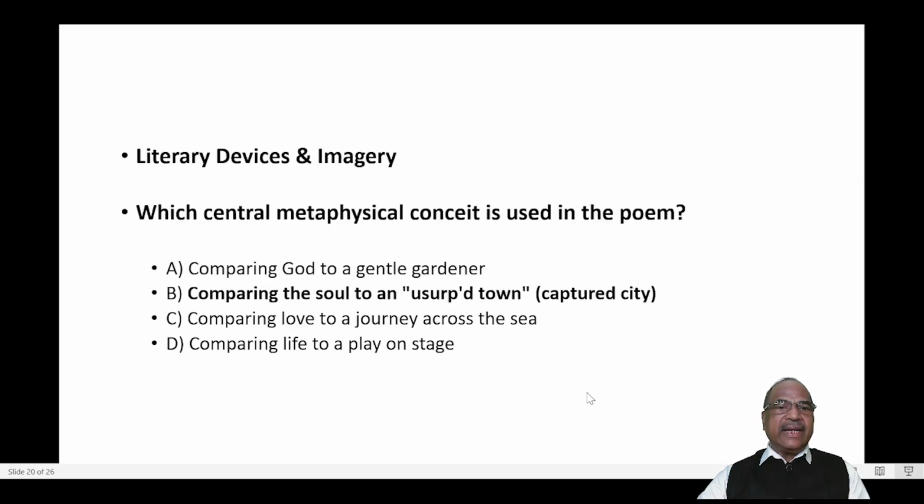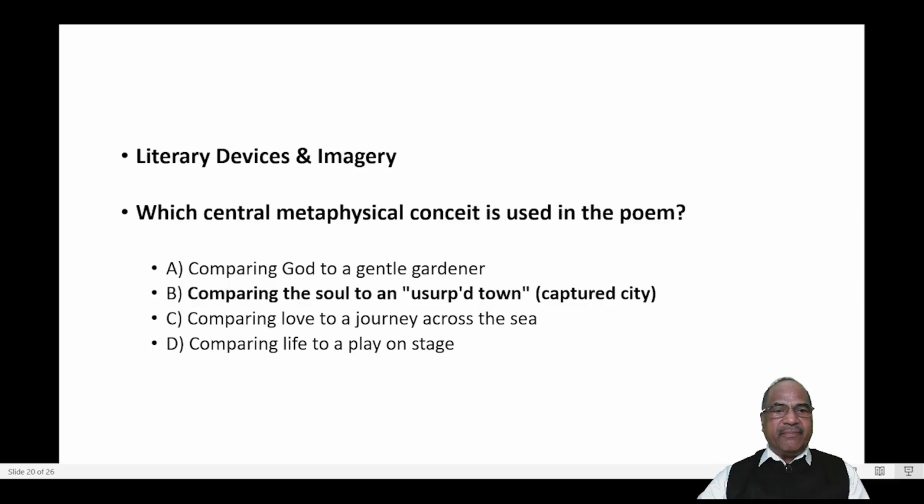Then literary devices and imagery. Which central metaphysical conceit is used in the poem? Comparing God to a gentle gardener, comparing the soul to an usurped town. So, usurped town is a captured city. Comparing love to a journey across the sea, comparing life to a play on stage.